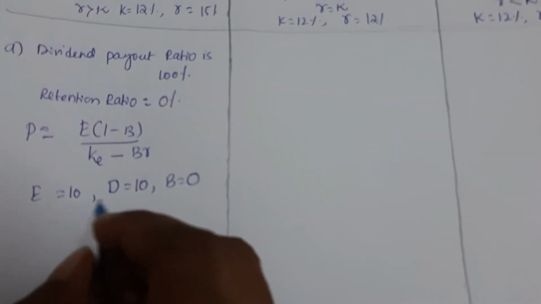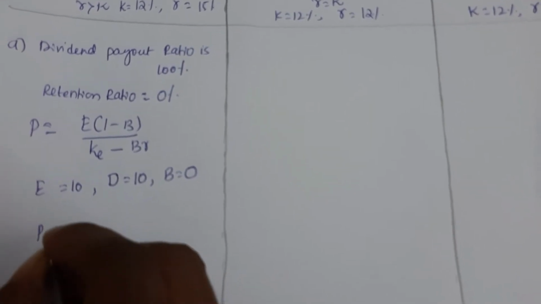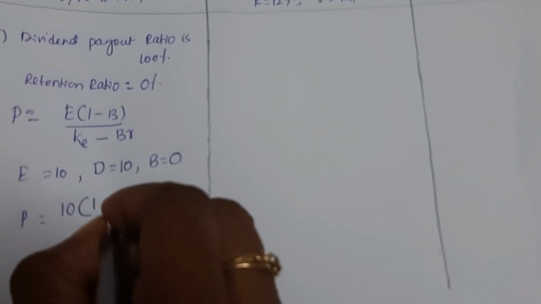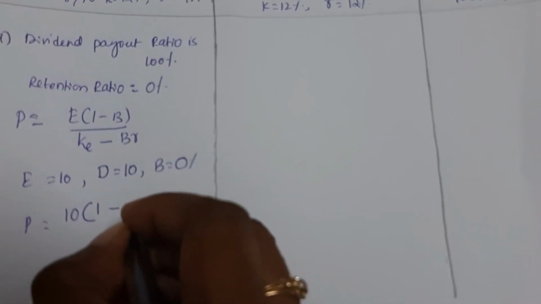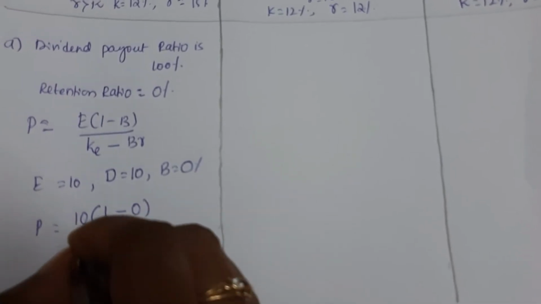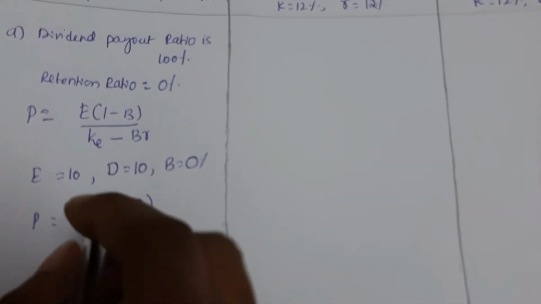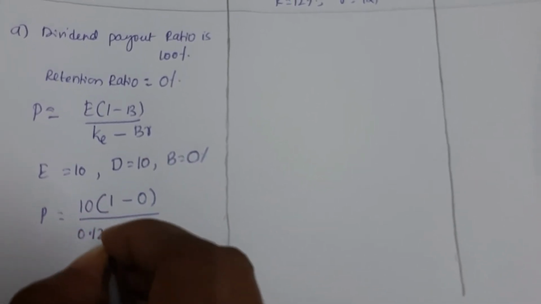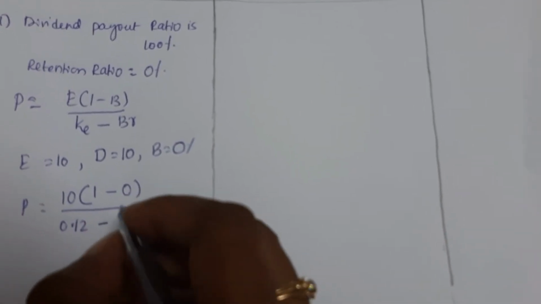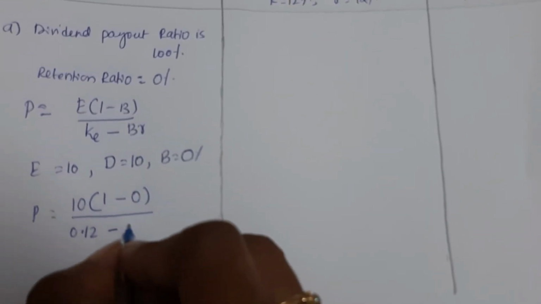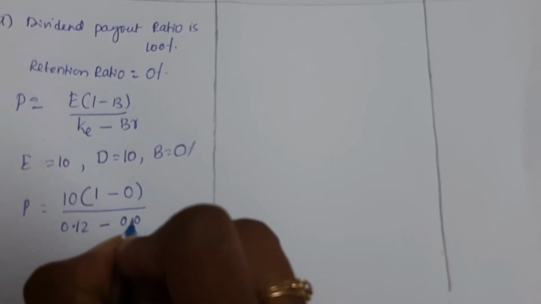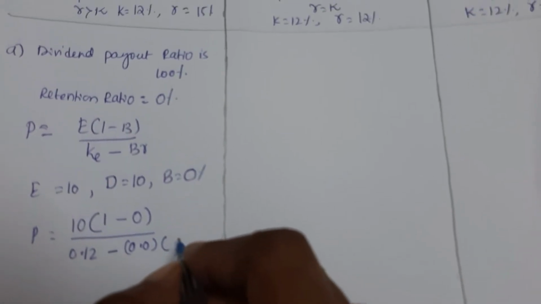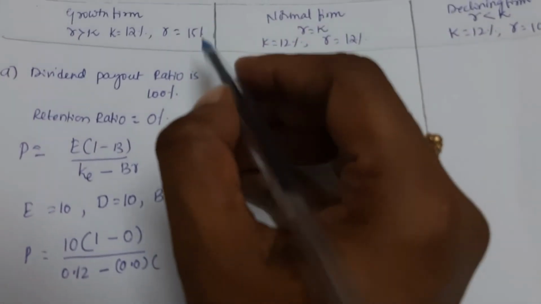So apply all these figures into the formula. P is equal to E, that is ₹10, into 1 minus B, where the retention ratio is 0% only, so 1 minus 0, divided by KE, here 12%, that can be written as 0.12, minus BR, retention ratio 0.0, that is 0%, into rate of return, in this case of growth form, 15%.